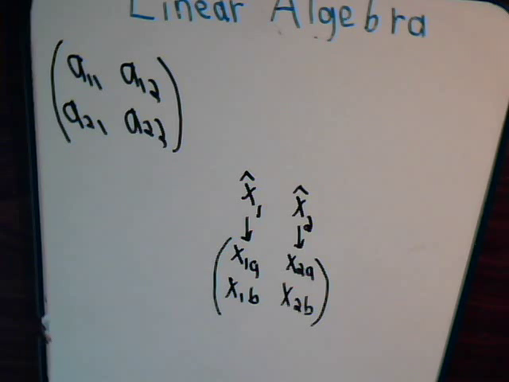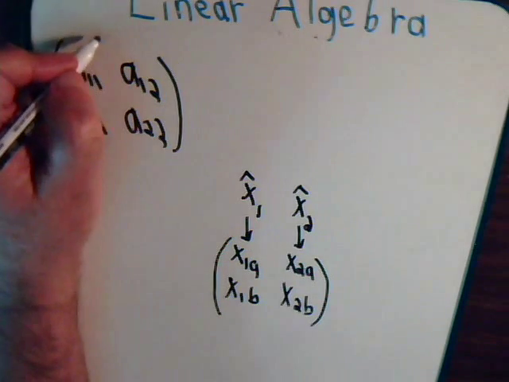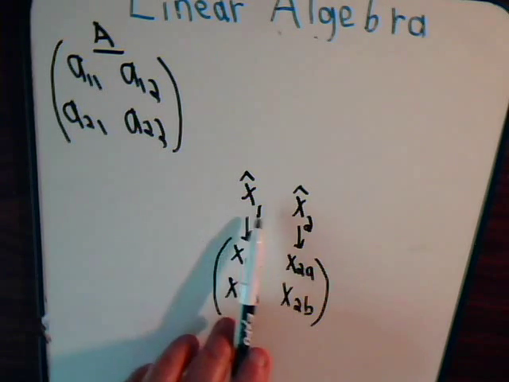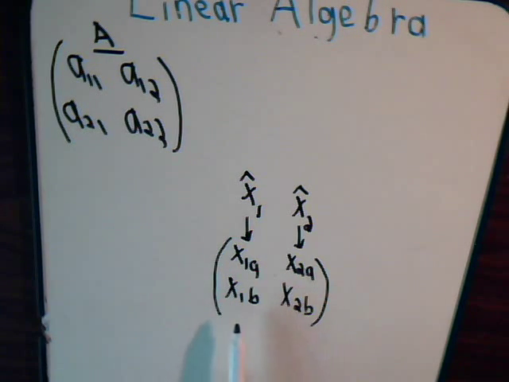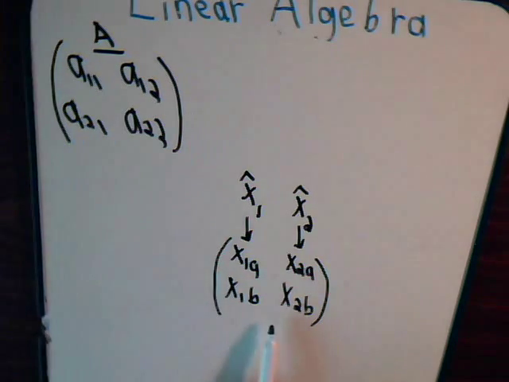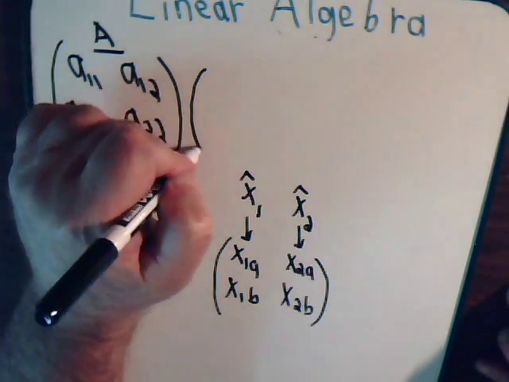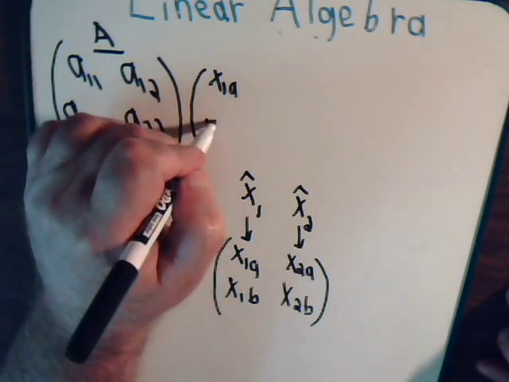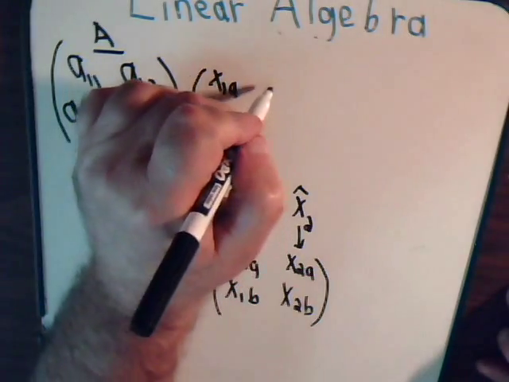So we started with a given matrix, we'll call it matrix A. We found 2 eigenvectors for it. Here they are in component form, and we're making another matrix with these eigenvectors. What happens if we multiply matrix A times this matrix?